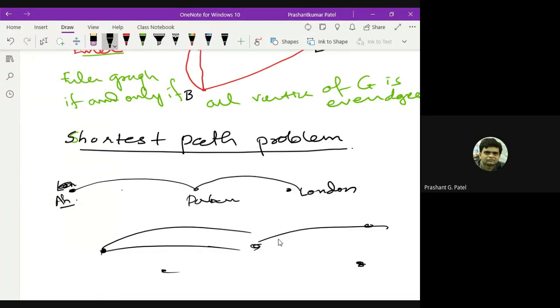So such a problem is finding a shortest path. Such a problem is known as the shortest path problem, and there are different algorithms we will be studying in this. Some of the names I can give you: Dijkstra's algorithm, Floyd's algorithm, and Warshall's algorithm. There are many algorithms.